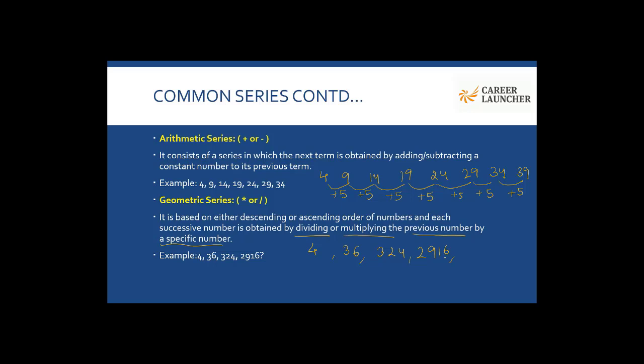And 2916 into 9 is 26244. So here a constant number has been multiplied. Similarly, there could be a series where a constant number is used to divide each term to get the next term.